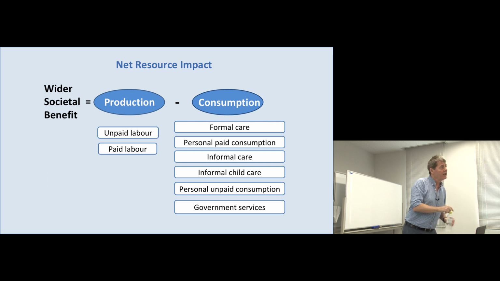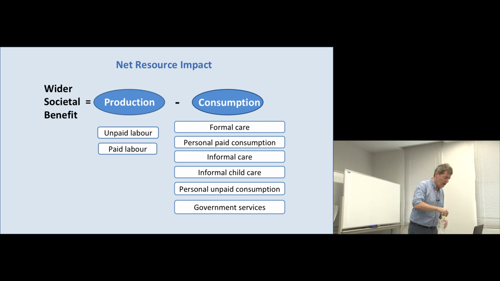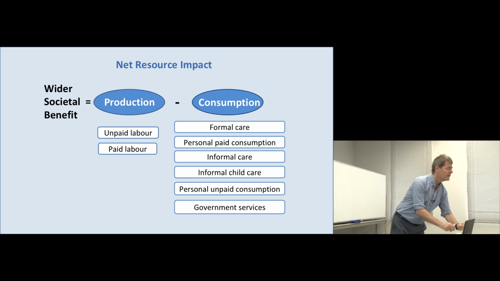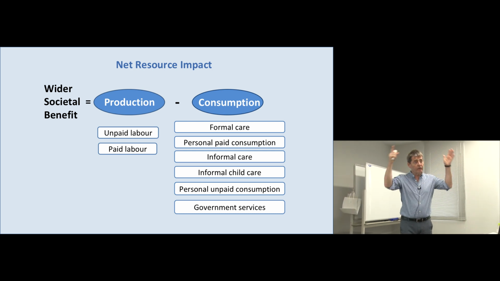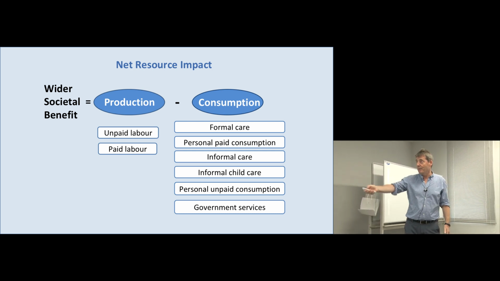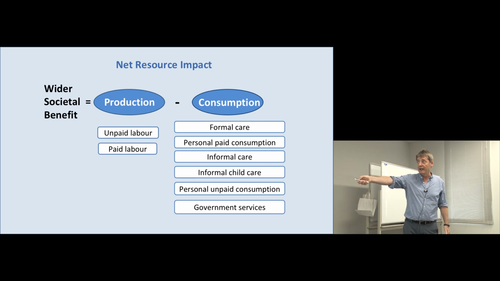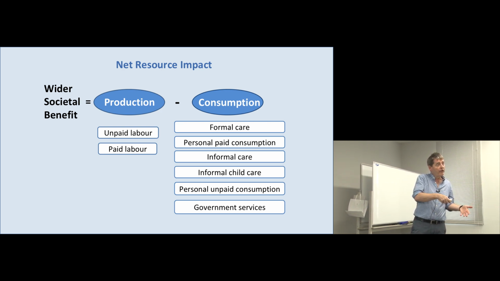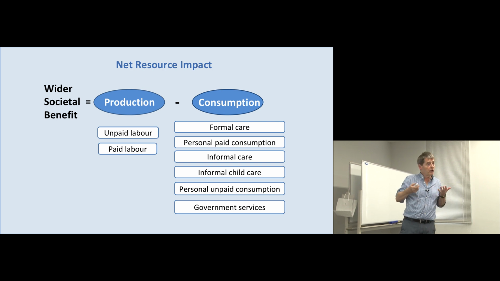It's recognising that people also produce value through unpaid labour, most obviously in the household, but also through voluntary activities as well. So it's a broad notion of production. Perhaps it's predominantly paid labour, labour market activity, but it's also going to include unpaid labour. And the idea being that if we can improve the patient's health, their production should increase.